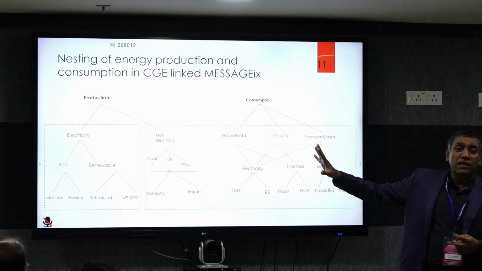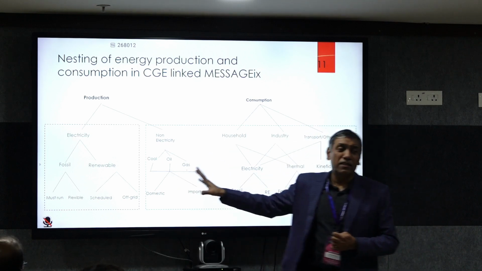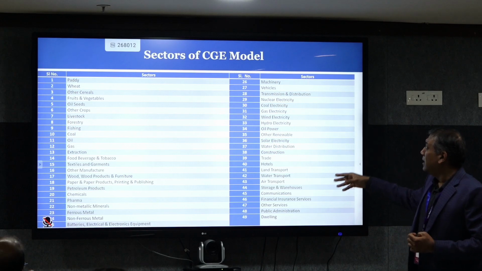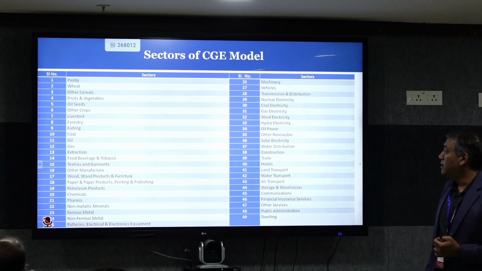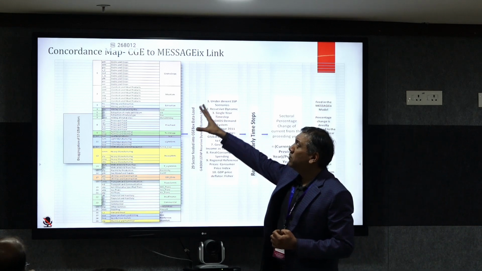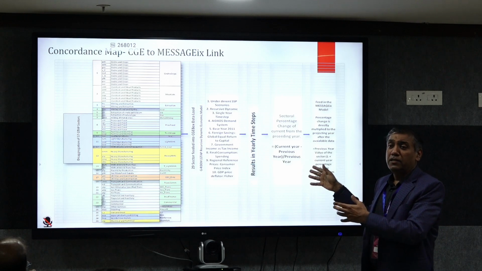This nesting might look too complex, but this is the nesting that we have used. I think we can skip it for the time being. These are the CGE sectors, 49 sectors that we have. And this is the mapping, the component map that we have created between the CGE model and the energy systems model.